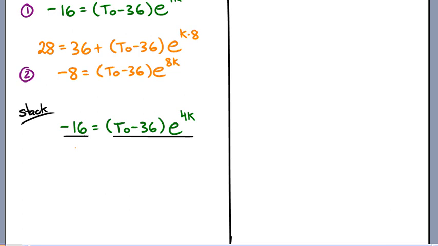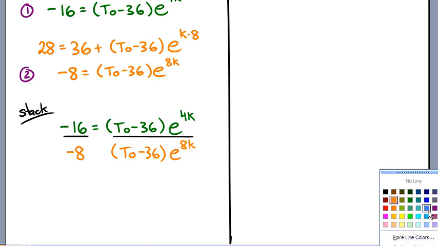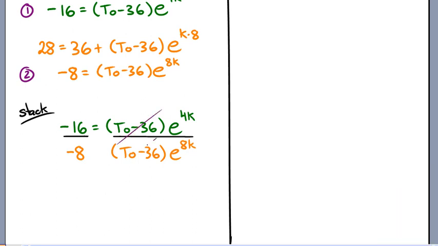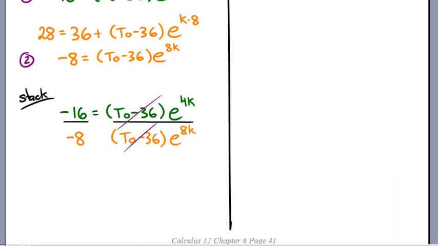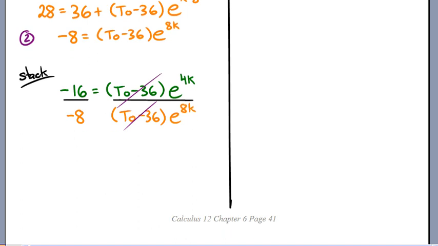That equation was negative 8 and T naught minus 36 e to the 8k. And you can see why this is a great plan. This mysterious T naught minus 36 goes away. And you're like, oh no, don't throw that away. I want that. Yeah, we're going to need to find the k first. Then we can go and get that.